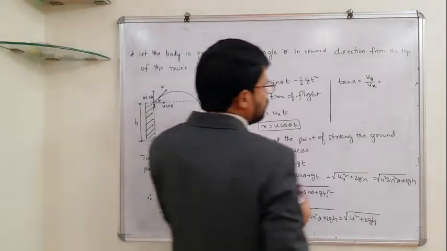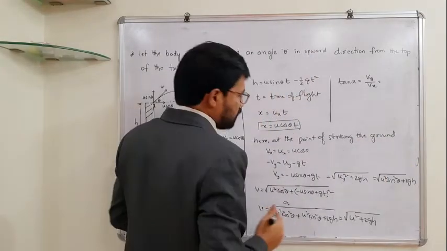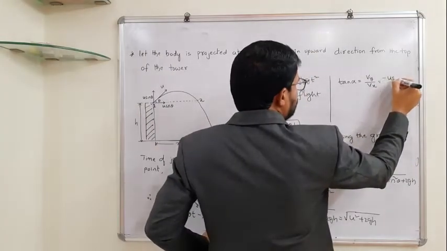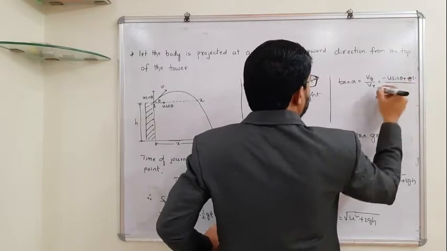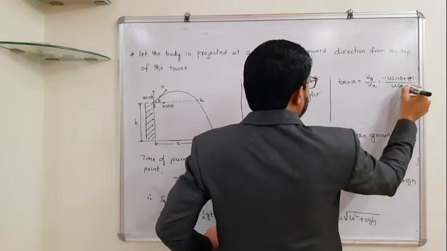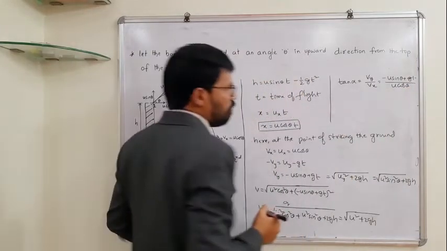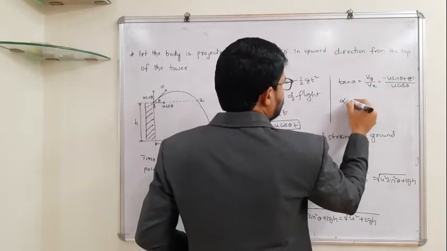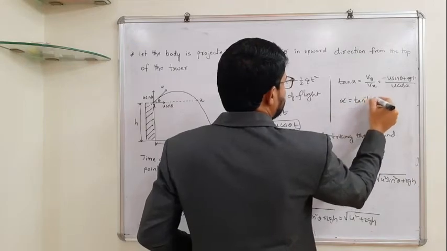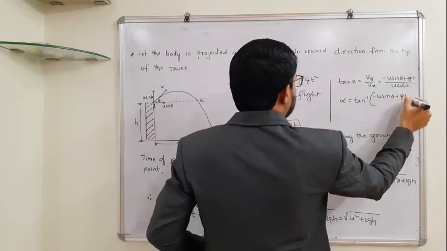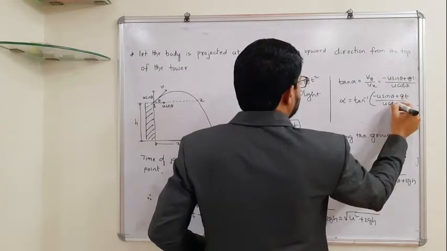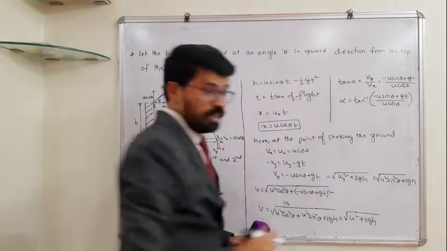Vy is minus u sin theta plus gt. By, what is Vx? U cos theta. So from this, alpha can be written as tan inverse of minus u sin theta plus gt by u cos theta. That's how it can be written.